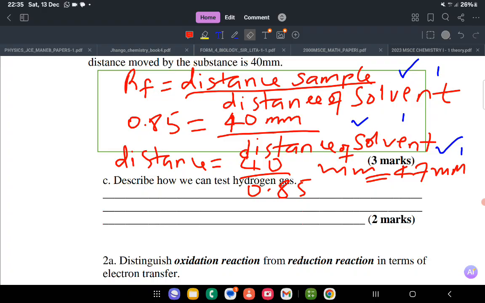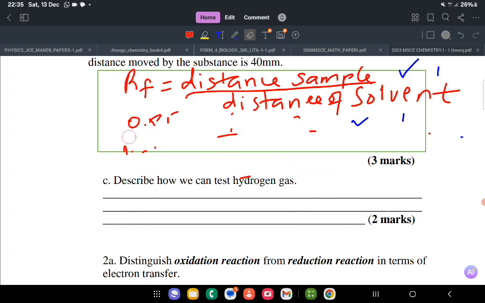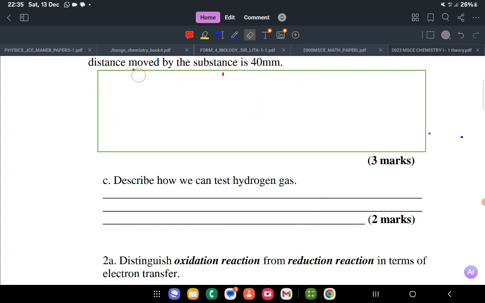Question 1E, we are asked to describe how we can test for hydrogen gas.